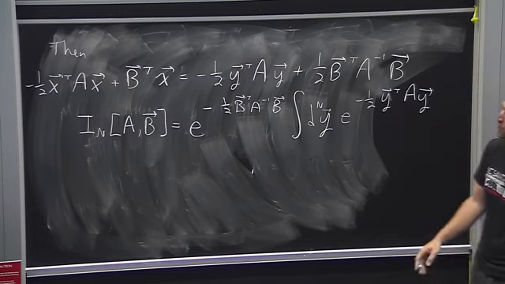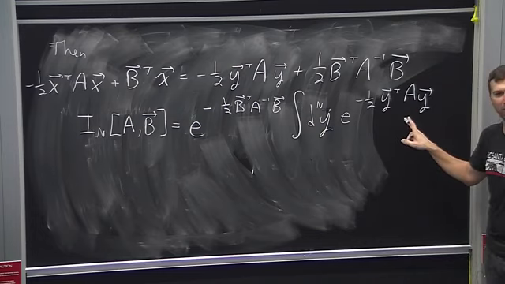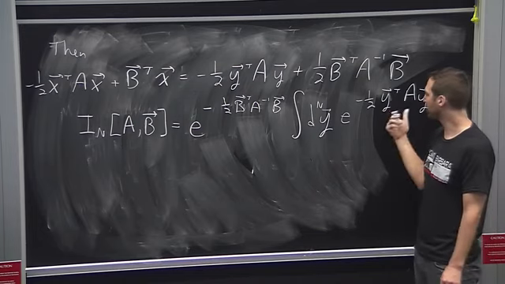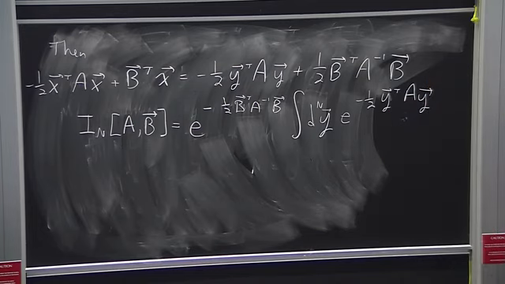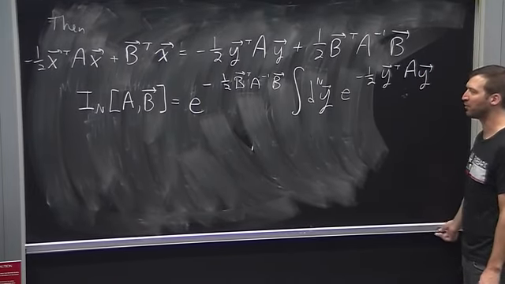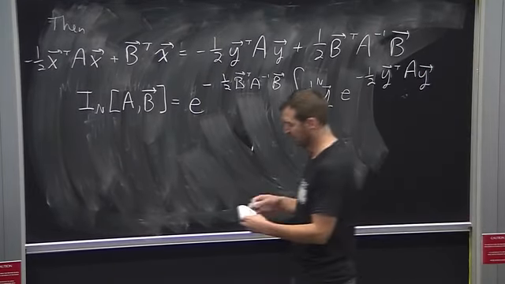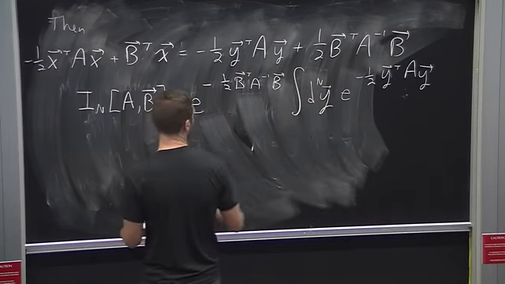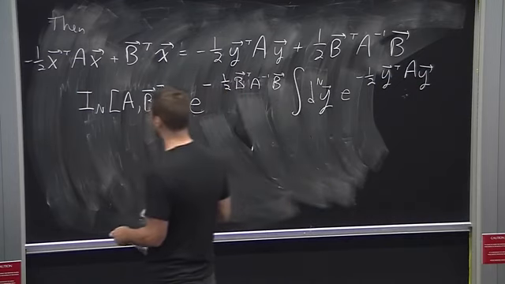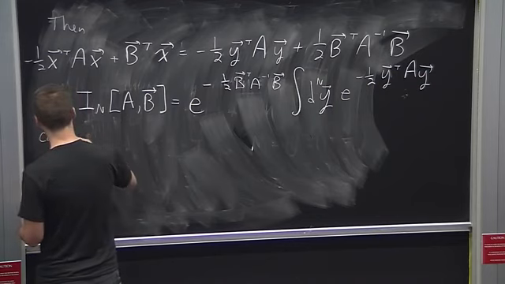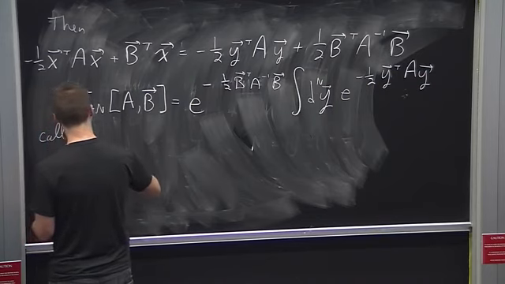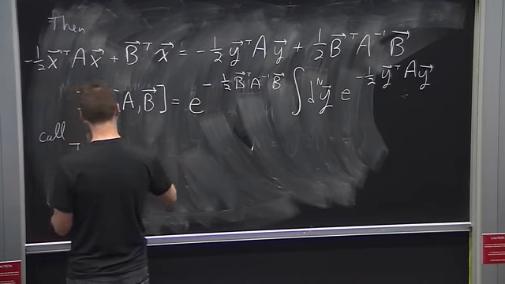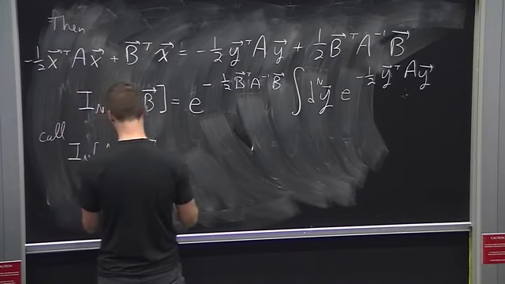We just knew it was root 2 pi over a. We just have to be a bit more careful with that. There's some Jacobian associated with diagonalizing that matrix, but once we do that, we're pretty much set. So let me call that integral I_n with finite A, but B equal to 0, because we need that.